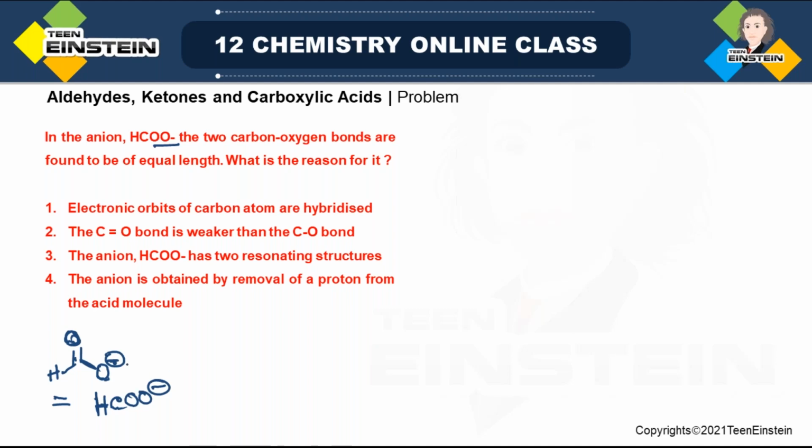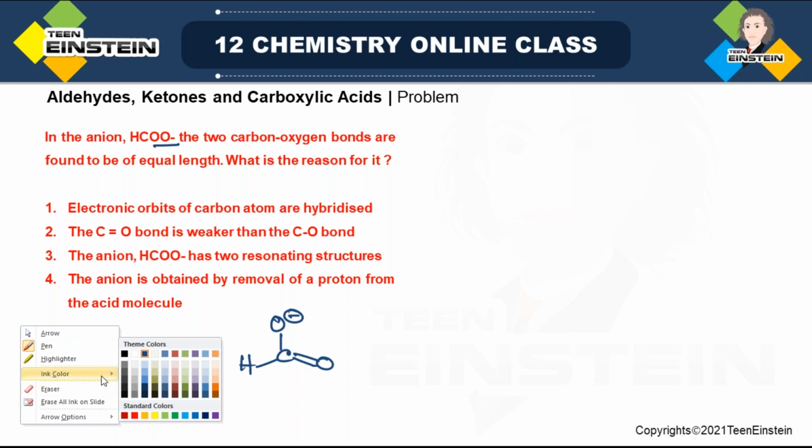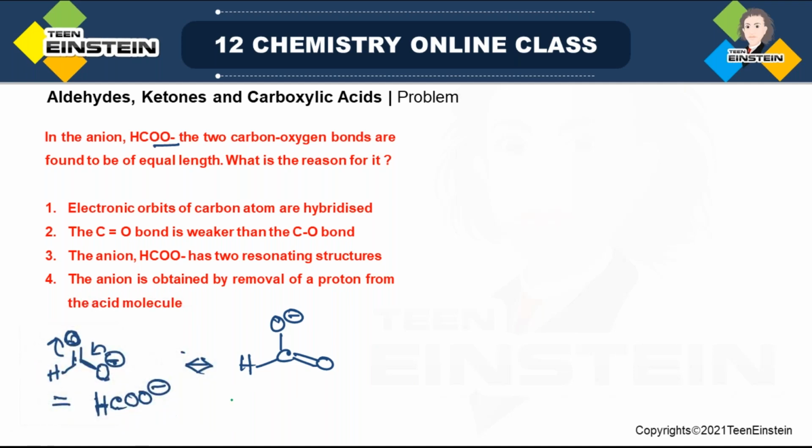It is not possible. Here, the actual reason is, if I draw the resonance structure like this, the other resonance structure will be with the single bond to O minus and the double bond here. But if you take the average of these two structures, the average structure will be, this we have discussed in the slide where the structure of carboxylic acid is discussed.